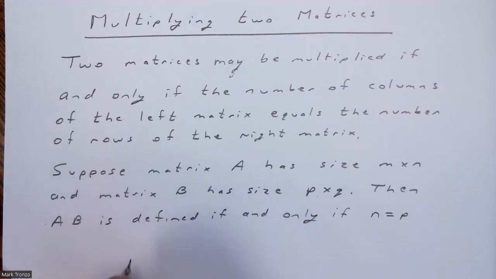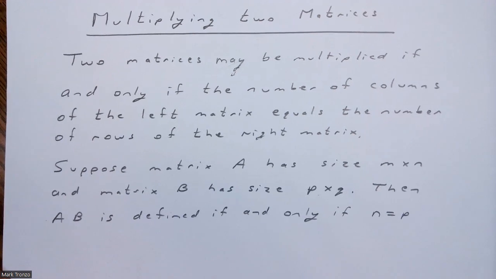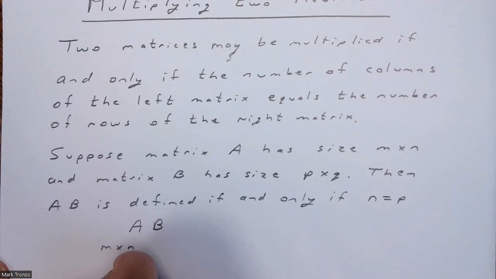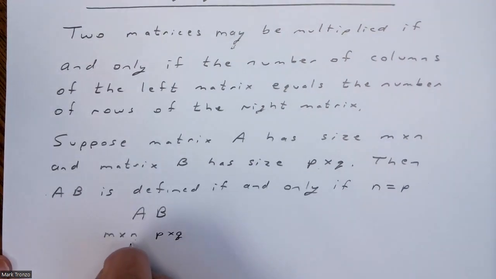So, let's say you have something like this. You have A times B. And again, this is an M by N, and this is a P by Q. These two have to be the same.